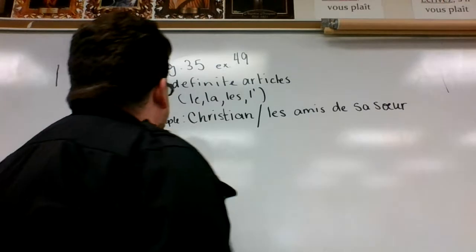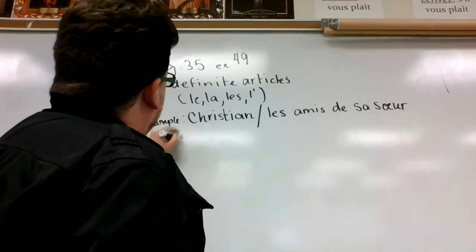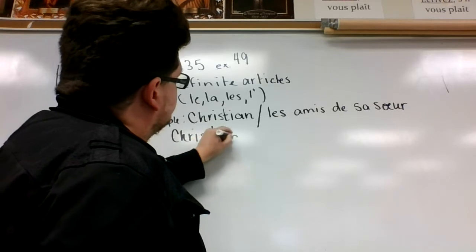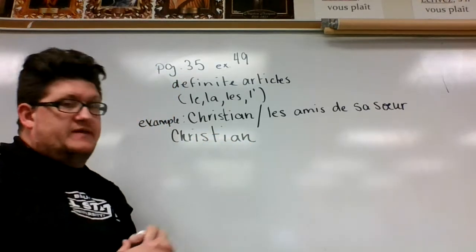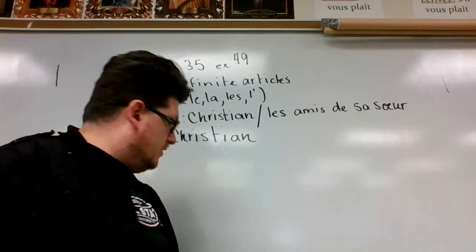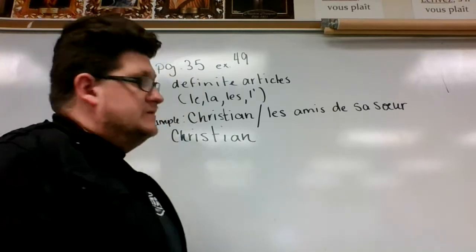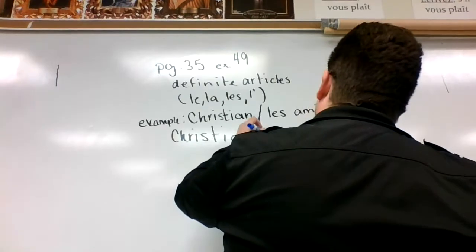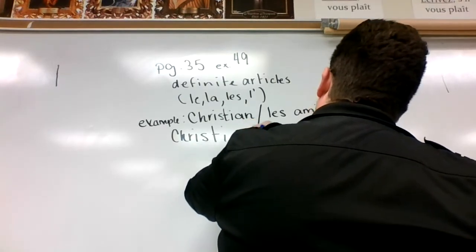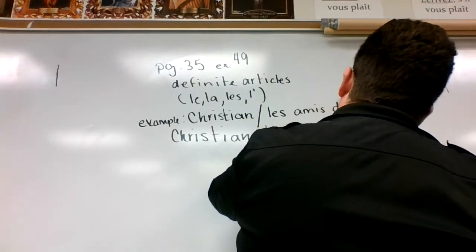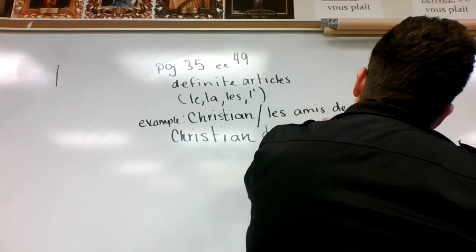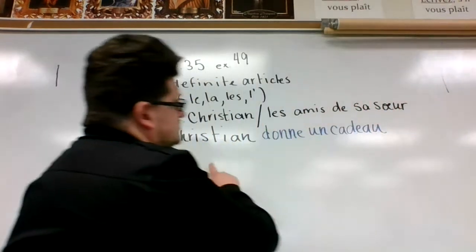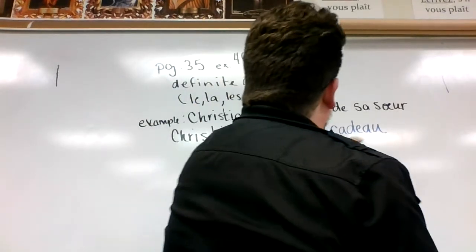To get started, if we look at our example, we start with Christian. Now, this will be in the instructions that I'm going to post as well, but you're all going to use donne, which is "give", un cadeau, which is "Christian gives a gift".